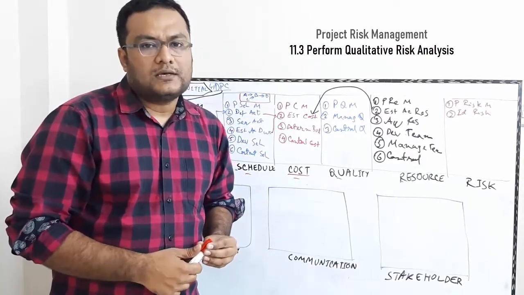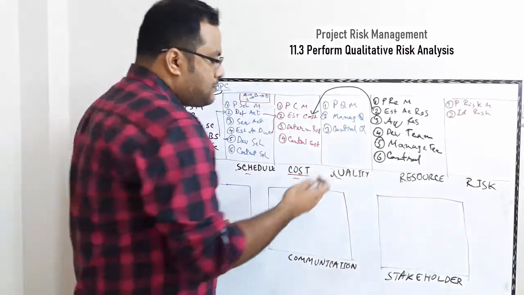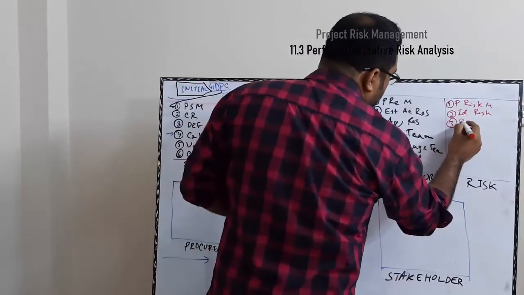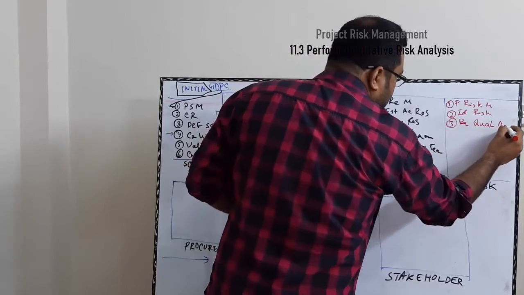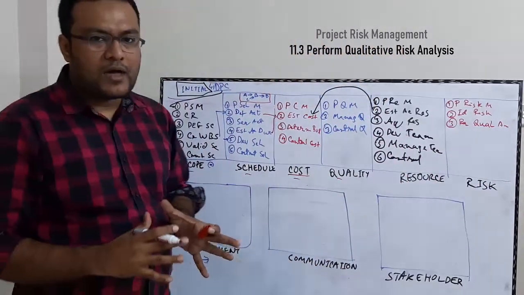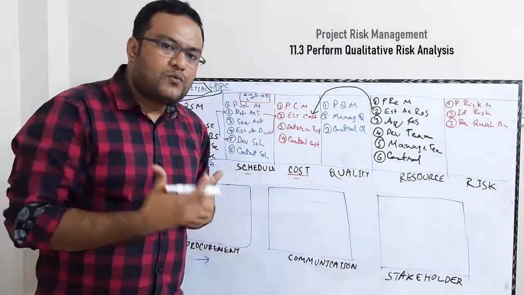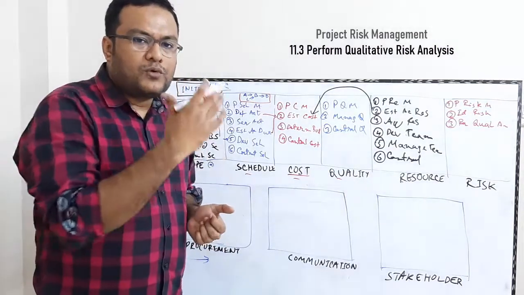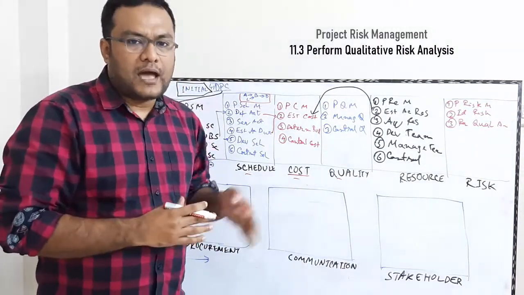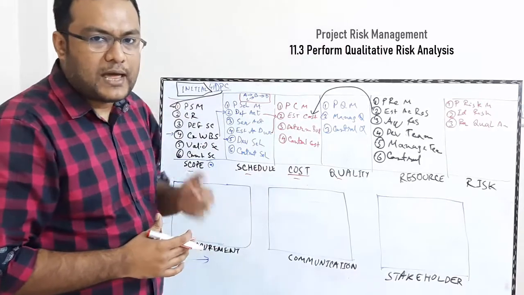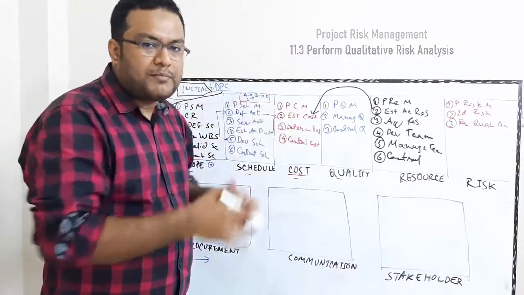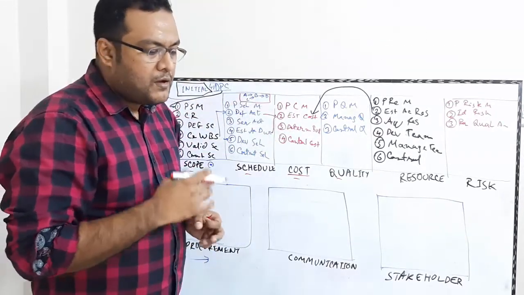That process is called perform qualitative risk analysis. There you do the assessment qualitatively and rank your risks accordingly. Priority wise, as output you can have a prioritized risk board.